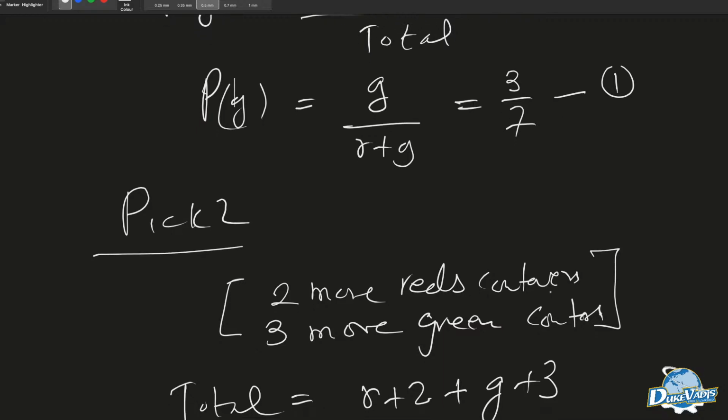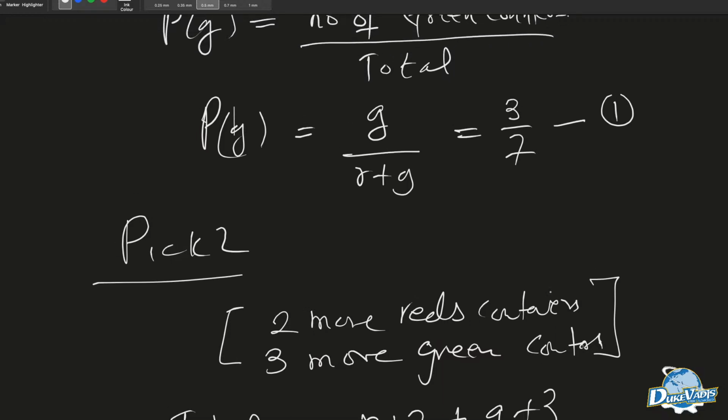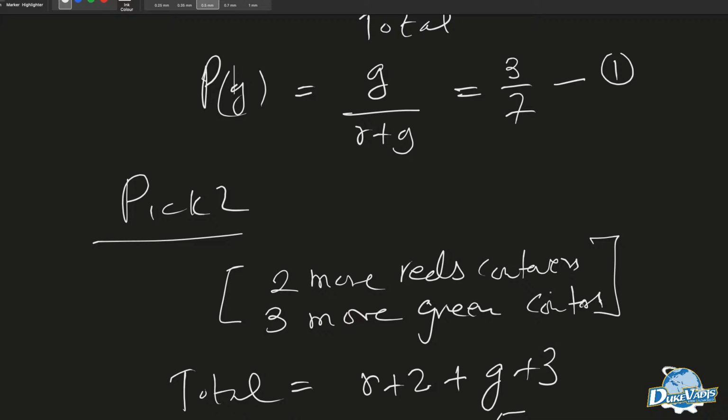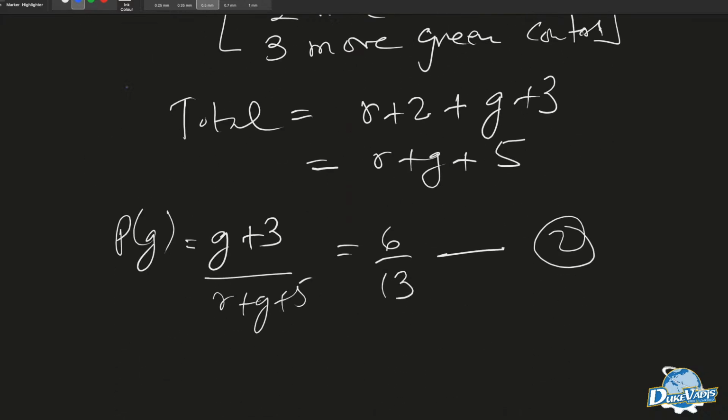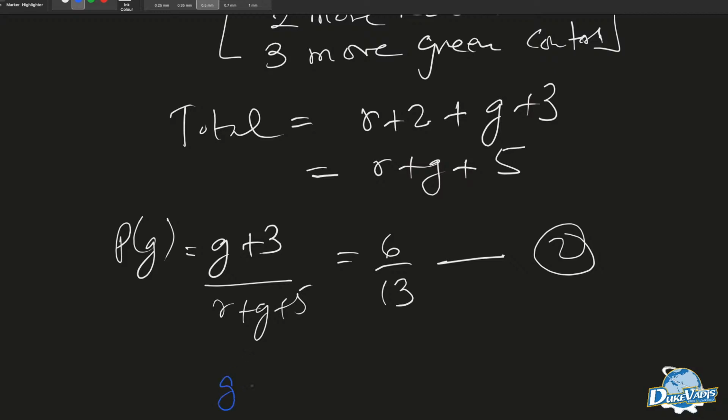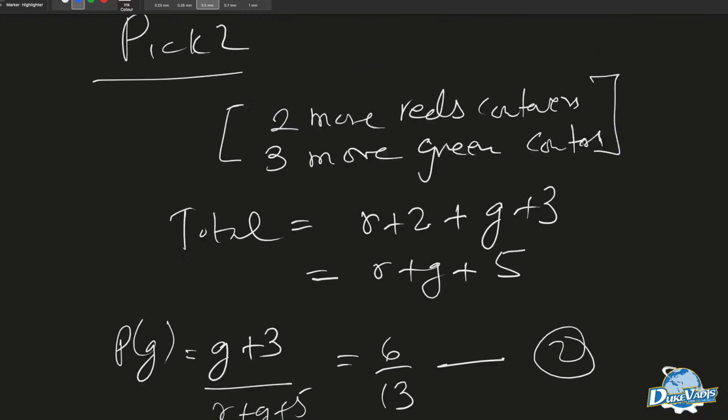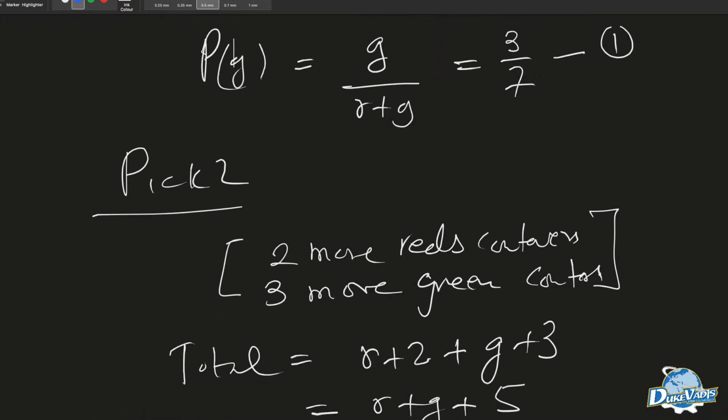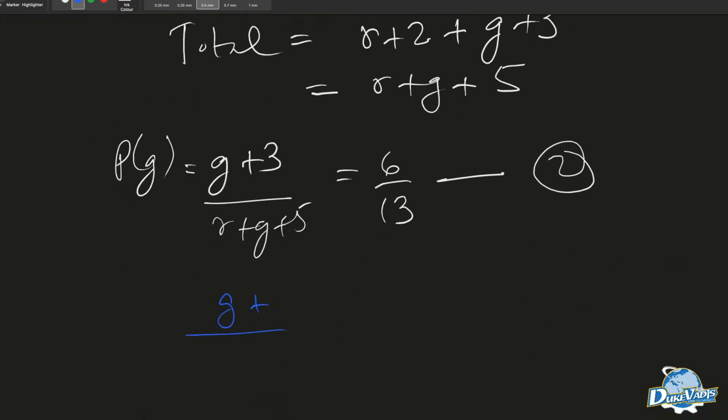equation 1 is G over R plus G is equal to 3/7.